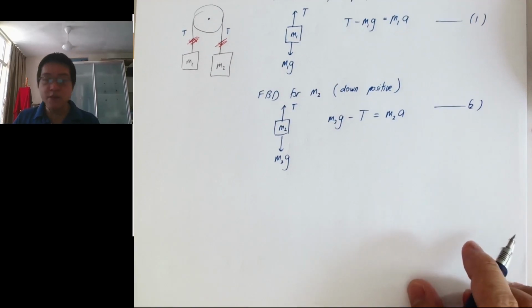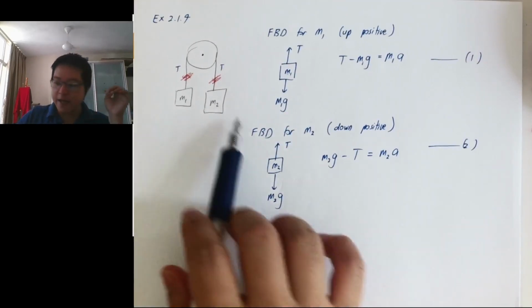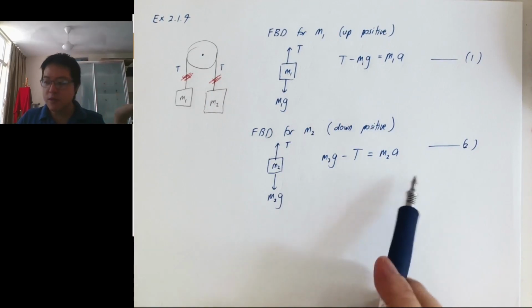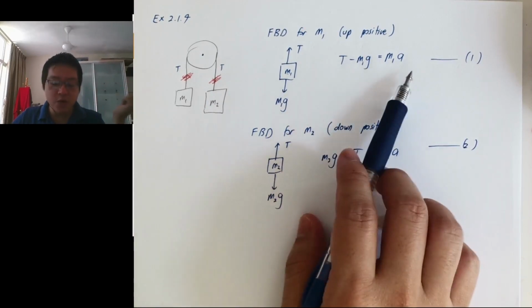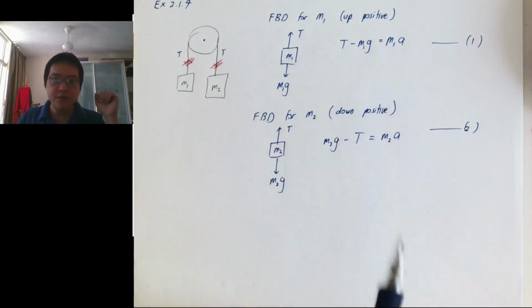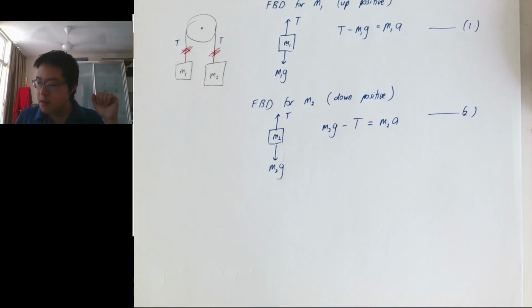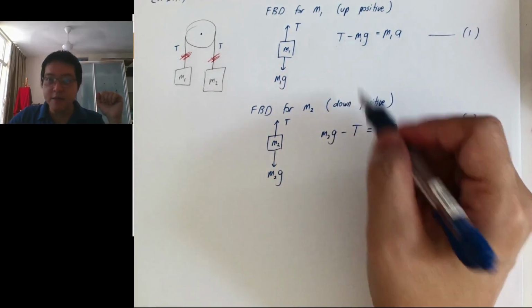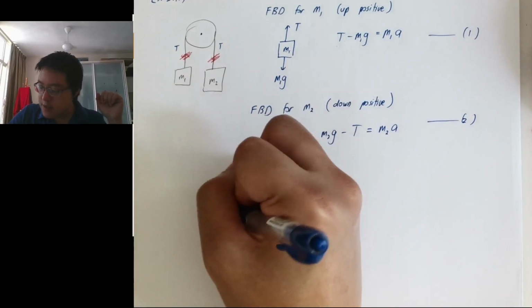Normally when you see two equations, it's usually because I have two unknowns. I don't know what T is and I don't know what a is, and what we are looking for is the acceleration. Because T is unknown, I can cancel the T away if I take equation 1 plus 2.